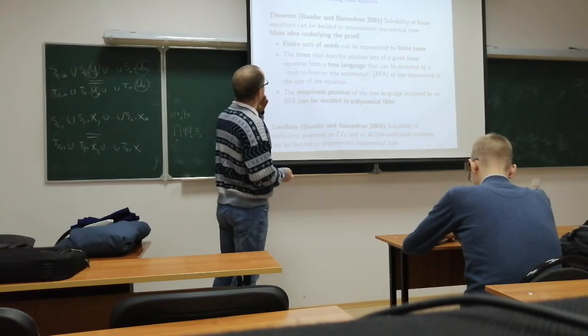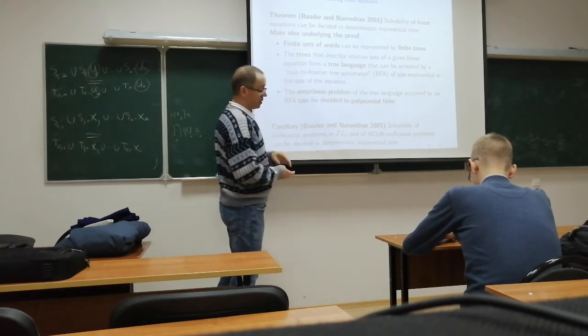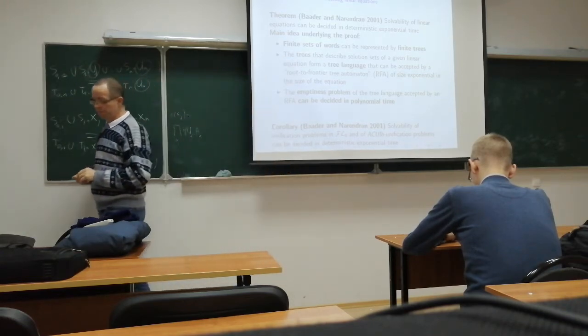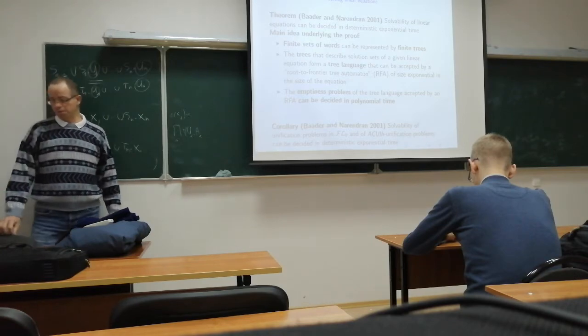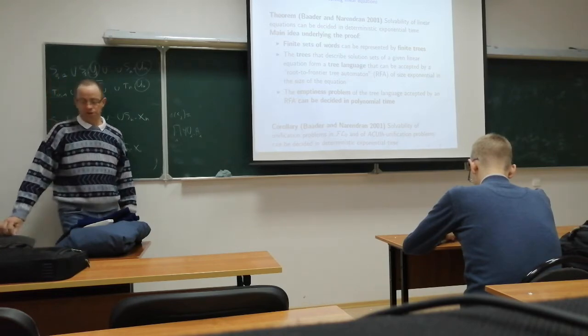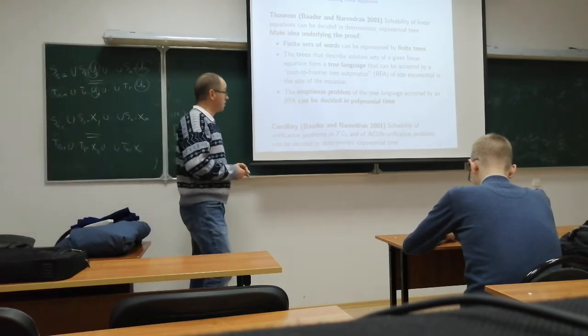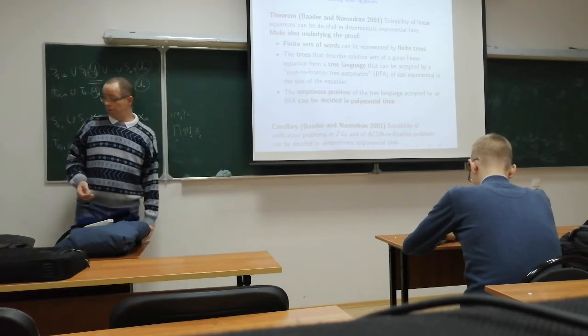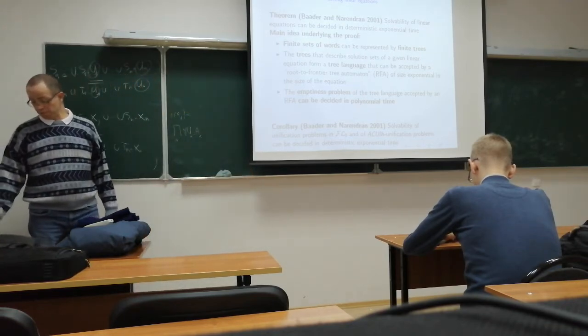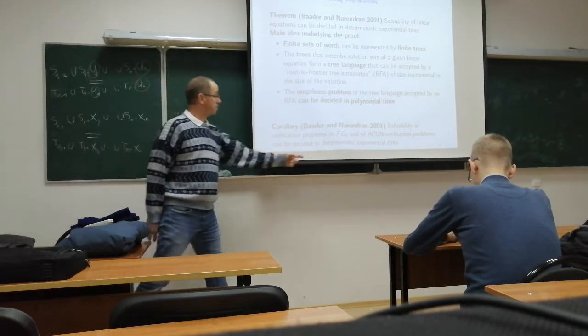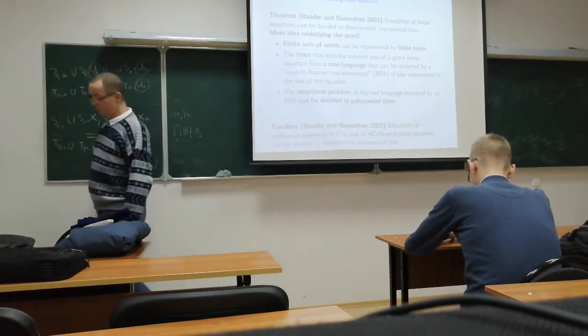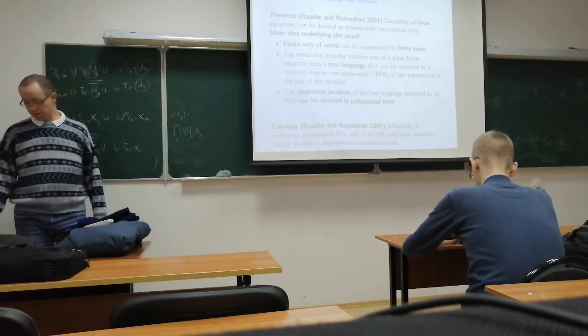And the complexity has been evaluated by Baader and Narendran. They have proved that solving such linear equations can be done in deterministic exponential time, and therefore the unification problem in FL0 is solvable in deterministic exponential time.